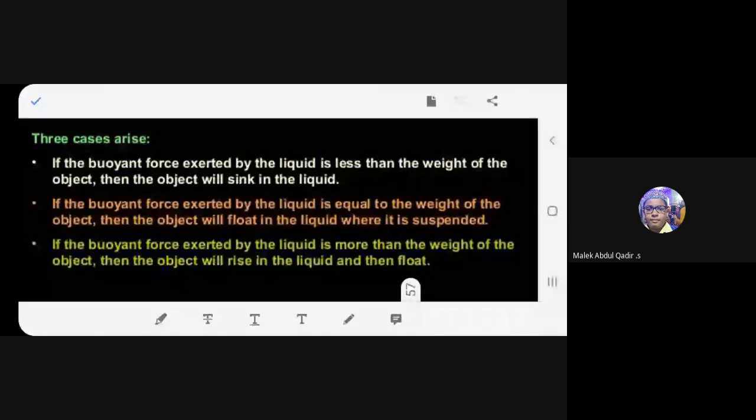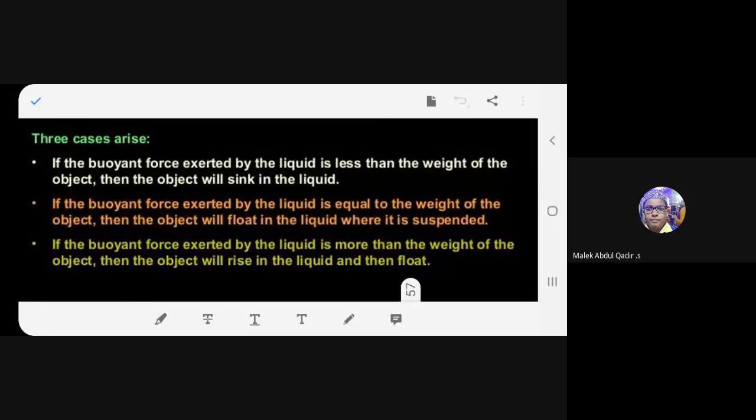If the buoyant force is equal to the weight of the object, then the object will float in the liquid, where it is suspended. If the buoyant force is more than the weight of the object, then the object will rise in the liquid and then float.